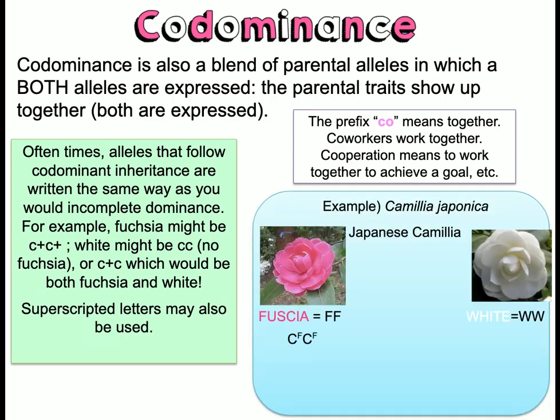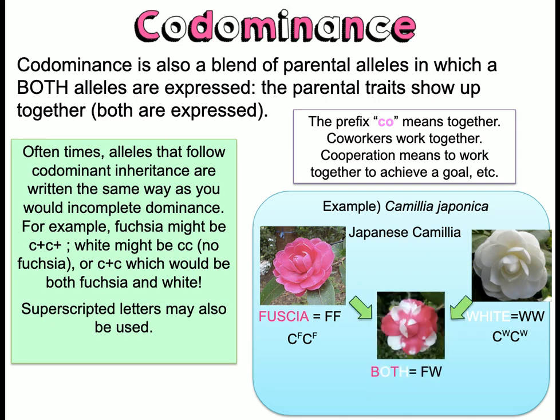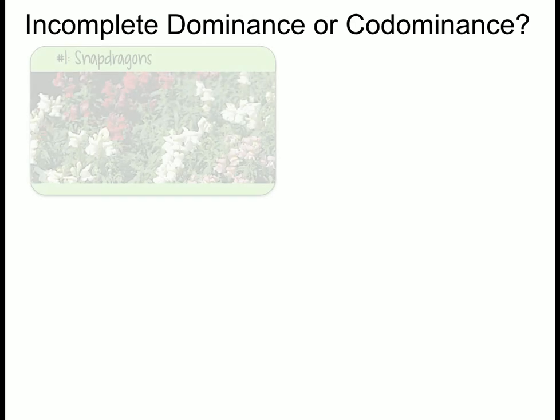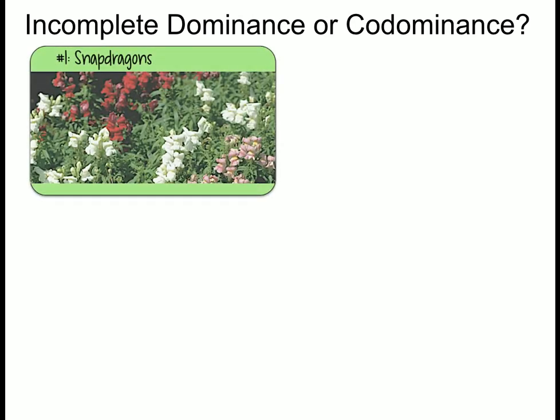Right, here's fuchsia, pretty flower. You've got your fuchsia colored, this is a camellia, and then you get your blend here. All right, you see flowers like this. You can go to the greenhouse right now and see flowers like this. With snapdragons, we gotta decide, is that incomplete dominance or codominance? Incomplete is when there's kind of a blend.